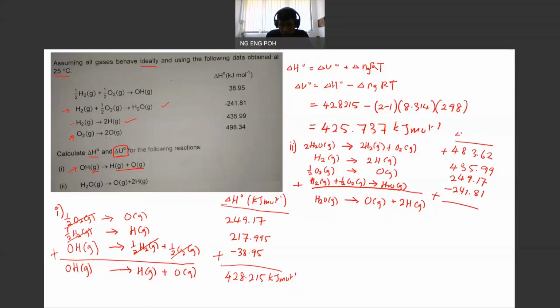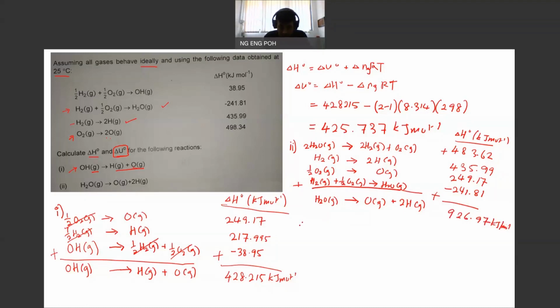This is your delta H naught in kilojoule per mole. So the answer is 926.97 kilojoule per mole.